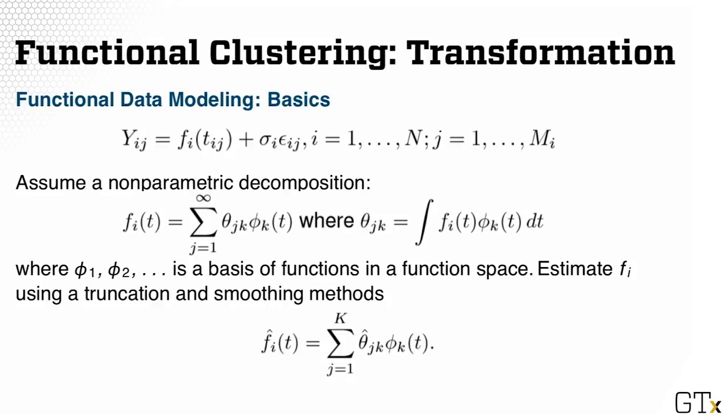For the transformation, we can write the expectation of the random functions using non-parametric regression, a non-parametric decomposition, given a basis of functions, for example, the Fourier basis discussed in the introduction of the spectral analysis. Then estimate the parameters in this decomposition, thetas, to obtain an estimation of the expectation of the random function f_t. We can apply this procedure to all random functions to be clustered.